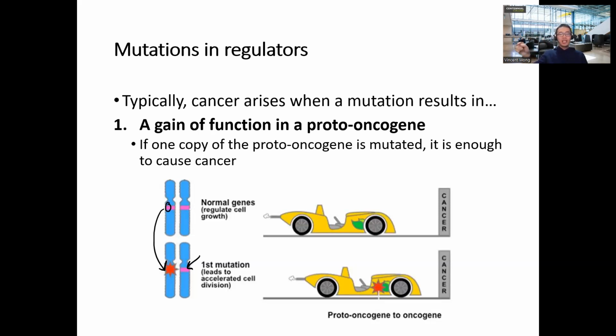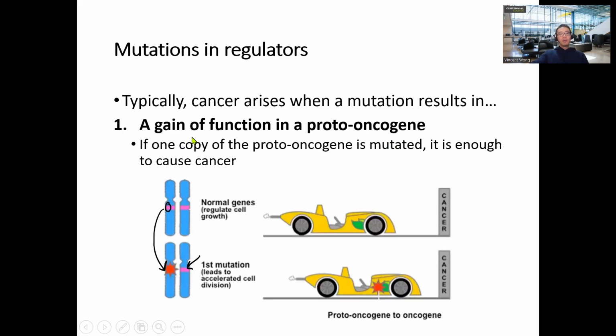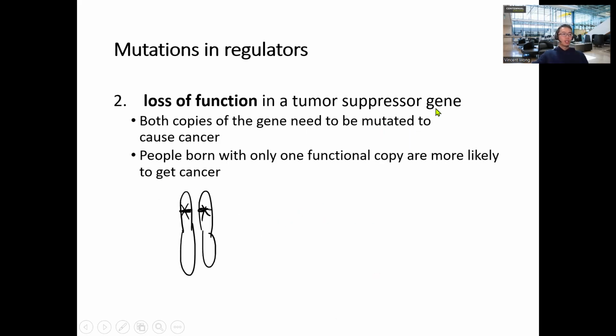Which kind of genes give you a higher chance of developing cancer? A mutation in a proto-oncogene or a mutation in a tumor suppressor gene? Just one more time. My question is, which one gives you a higher chance of getting cancer? Mutation in proto-oncogene or mutation in tumor suppressor gene?